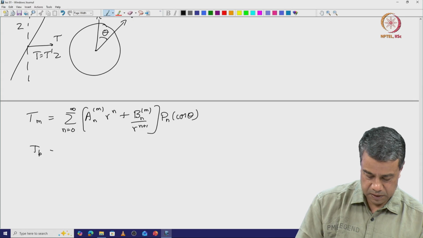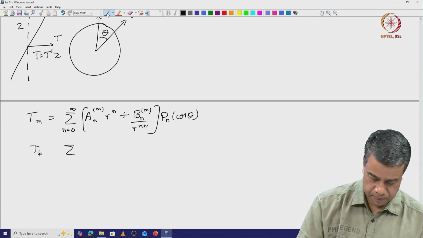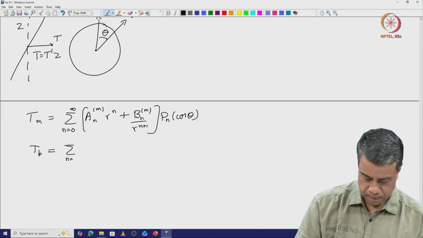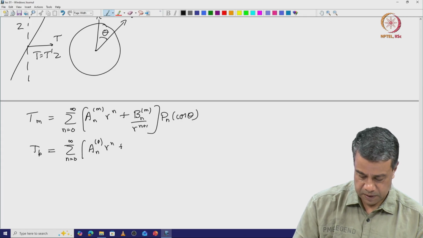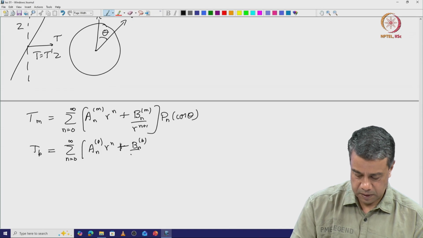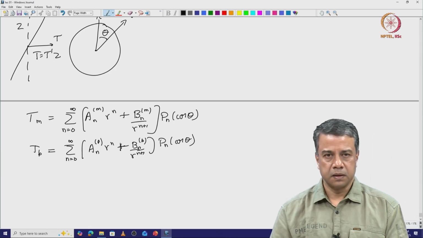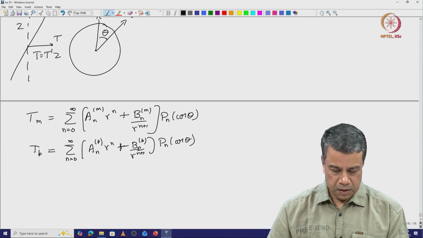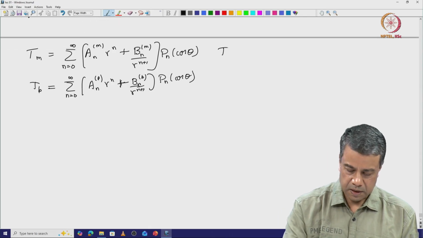T particle is equal to sigma A n particle r power n plus B n particle by r power n plus 1 P n of cos theta. Those were the equations.